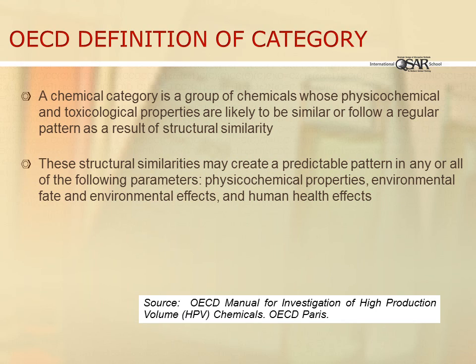The OECD definition of a category is a little bit different, but I wanted to point out this comes from the OECD manual for investigation of high volume production chemicals. This was developed basically just to deal with the 5,000 or 6,000 high volume production chemicals, let alone all of the chemicals and specialty chemicals that are in production.